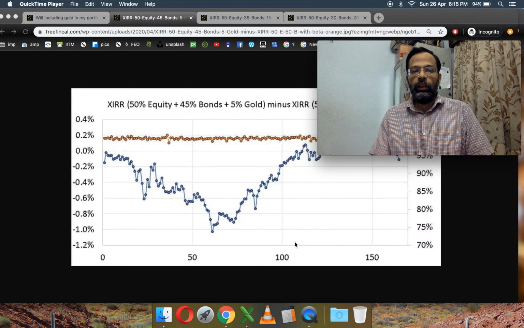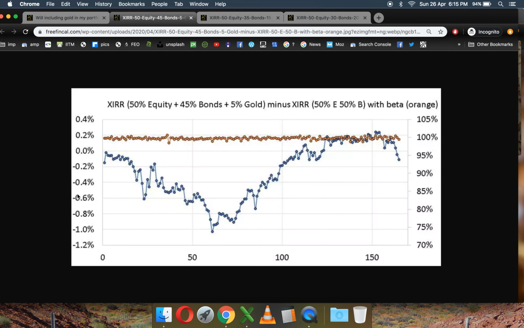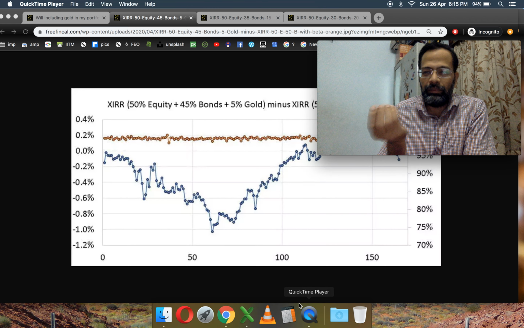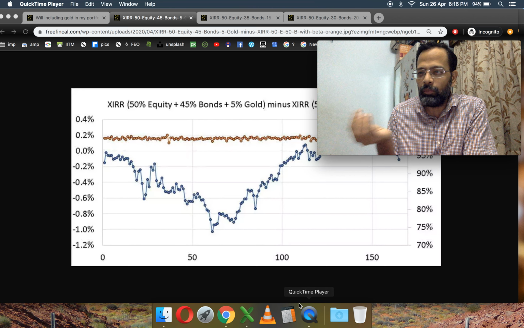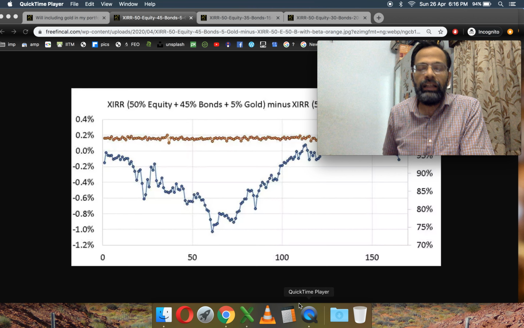So you can see here that the first run or the first test is with 50% equity, 45% bonds and 5% gold minus the Benjamin Graham XIRR, and you can see for most of the time the returns are about, there's not much of a difference, just 1%, a little bit less than that, about minus 1% or minus 0.5% kind of loss only.